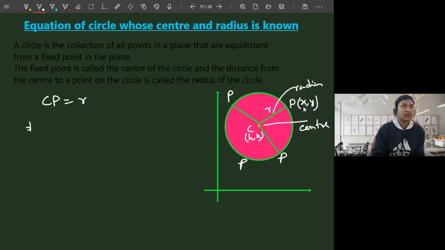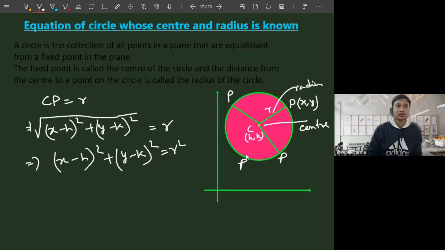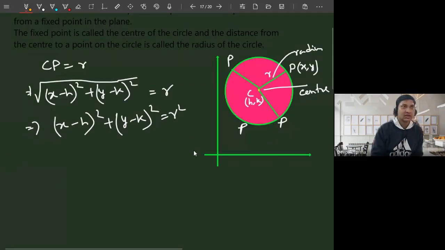It is the square root of (x minus h) whole square plus (y minus k) whole square. This is CP, and on the right hand side I have r. We can square both sides to get a simplified form. So this one is nothing but the equation of the circle having radius r and center h, k.